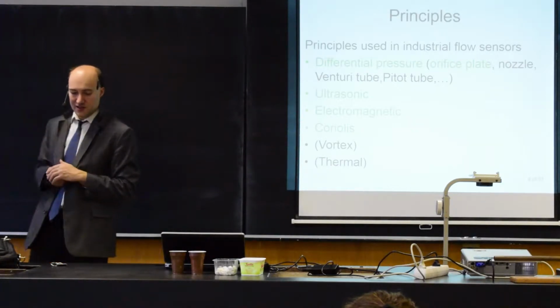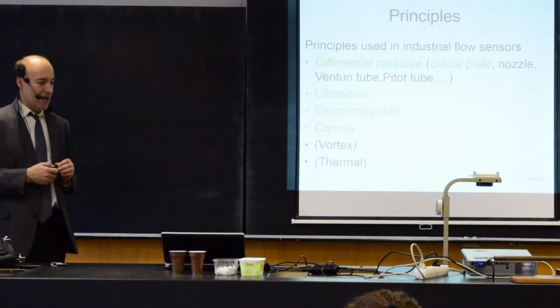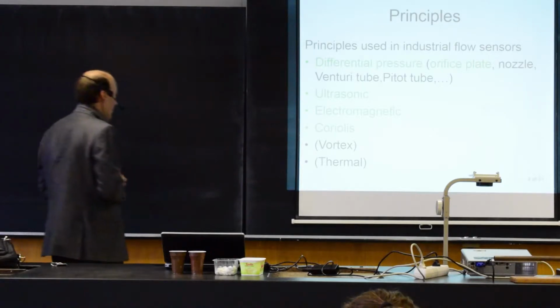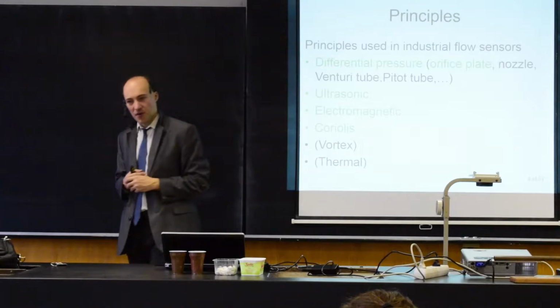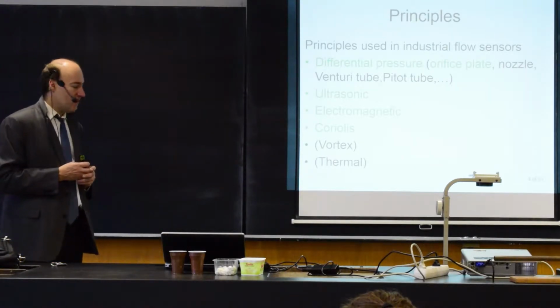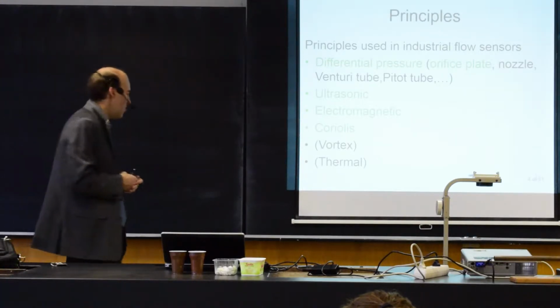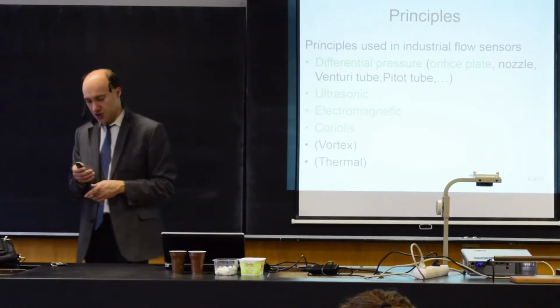This is a flow meter that is used to measure liquids in distribution lines, for example. We will then discuss the electromagnetic and Coriolis principles. So we'll discuss only 4 sensors today, but you see that there are many others like the vortex or thermal principle, which we will not cover in this lecture.